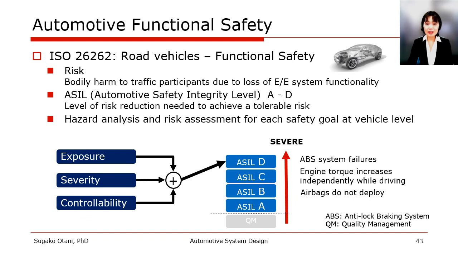Given a malfunction of a defined function at the vehicle level, for example ABS, anti-lock braking system, hazard analysis and risk assessment for each safety goal at vehicle level follows. This analysis is based on the exposure, severity, and controllability of the hazard, and the resulting risk, and is used to determine the ASIL, Automotive Safety Integrity Level A to D, that is, the level of risk reduction needed to achieve a tolerable risk.